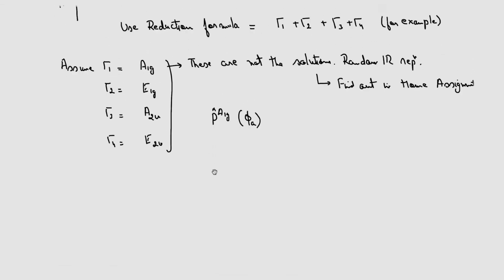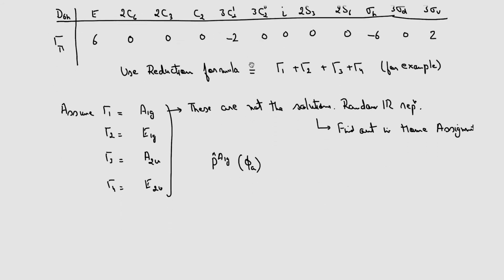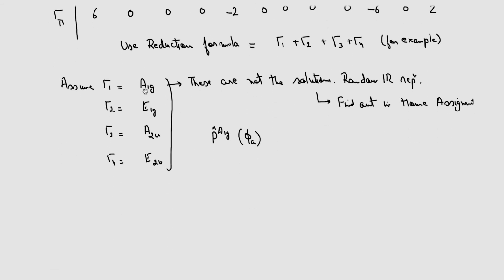My basis set was, let me call these phi A, phi B, phi C, phi D, phi E, and phi F. So now I can use my projection operator corresponding to these four irreducible representations and use any of the basis vectors, right? So how do we do that?